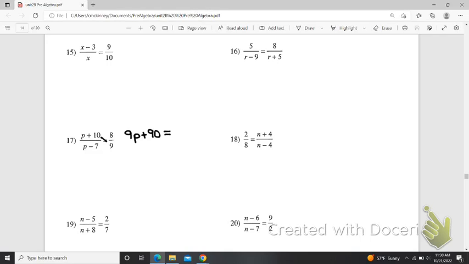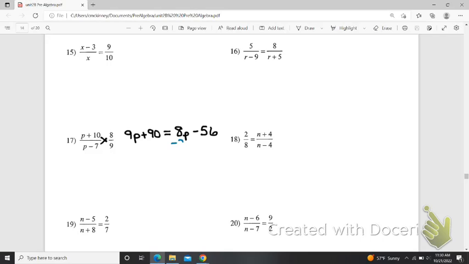But when the sign in the middle is negative, you have to be sure that you're putting the negative on the right thing. And so if you go left to right, you're going to be less likely to mess that up. So 8 times p is 8p, and 8 times negative 7 is negative 56. And that would not be the same if I wrote 56 minus 8p. So be cautious there.